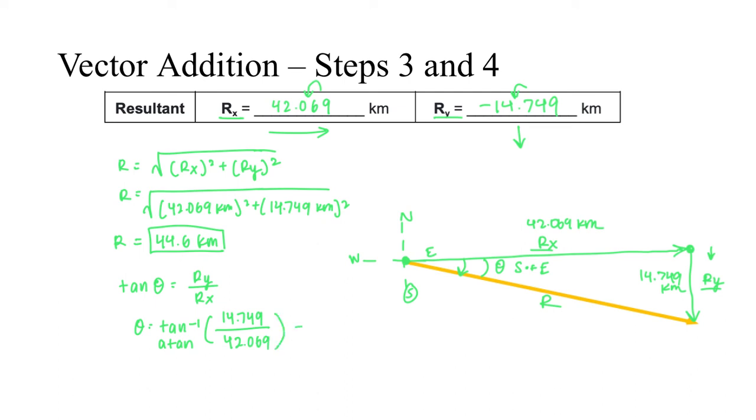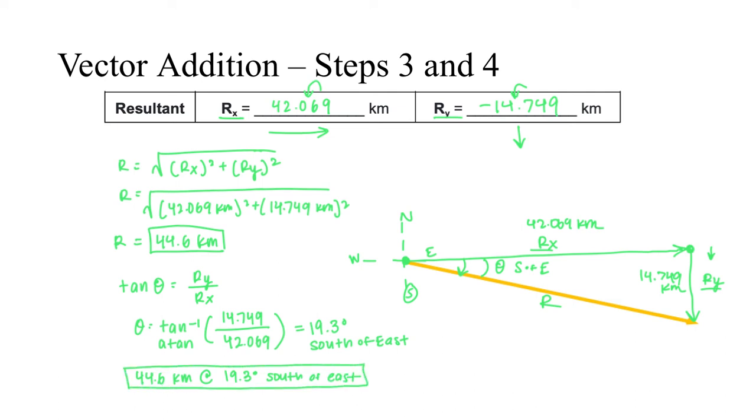And that will give me a theta value of 19.3 degrees. And again, we said that was going to be south of east. So I would report this as 44.6 kilometers at 19.3 degrees south of east. That would be my resultant displacement from my two displacement vectors.